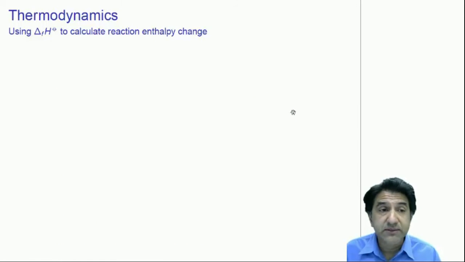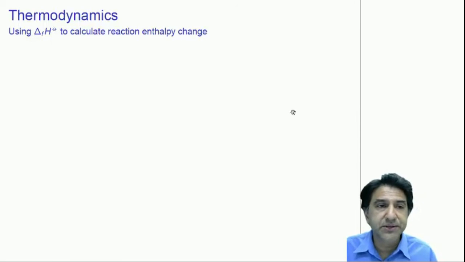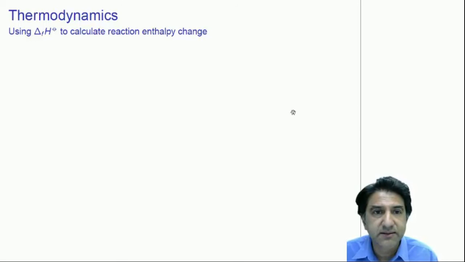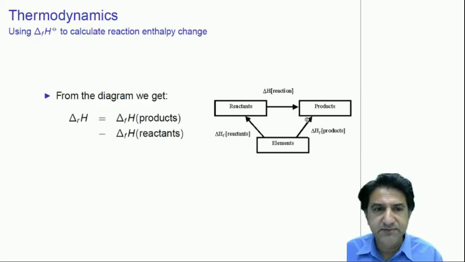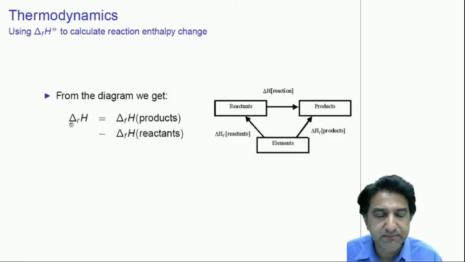Why is that useful? Let's look at how we can use the heat of formation to calculate heats of reaction. For this we need Hess's diagram in a different kind of form, and the formula is very simple. The heat of reaction for any chemical reaction is the heat of formation of the products minus the heat of formation of the reactants.